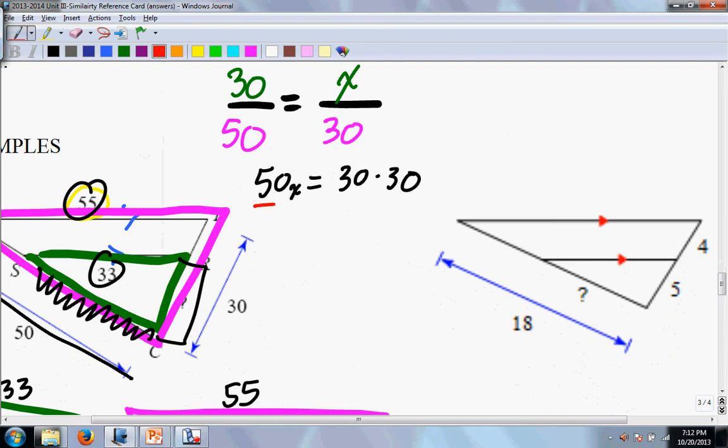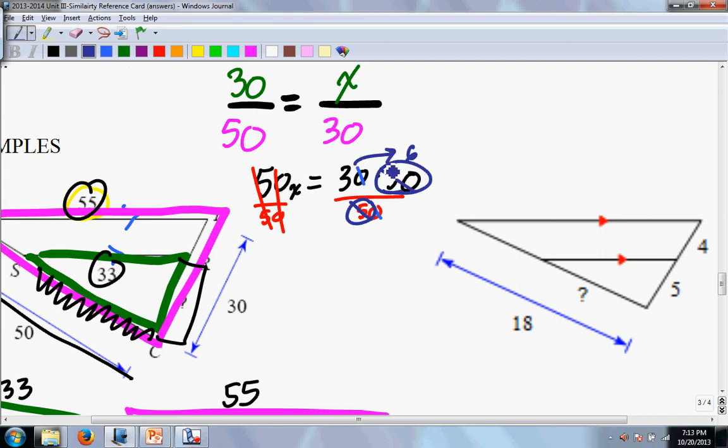So here we're just going to divide by 50. Watch carefully. The zeros, or a set of zeros, cancels. Circle the 5 and circle the 30. 5 goes into 30 6 times.